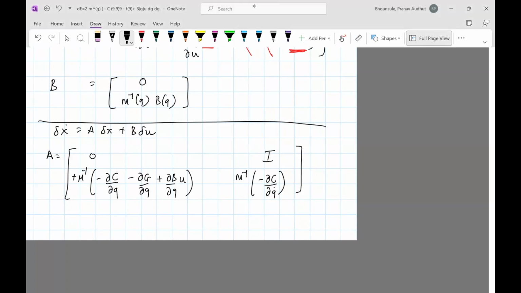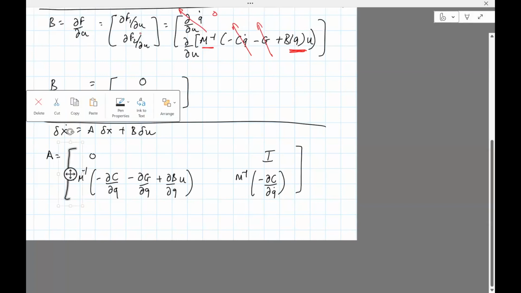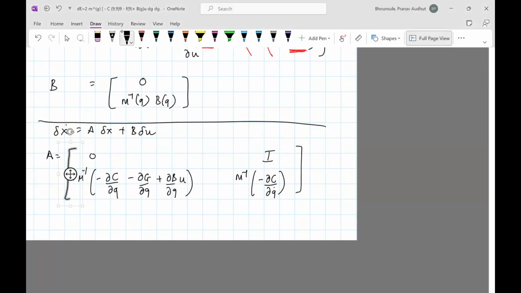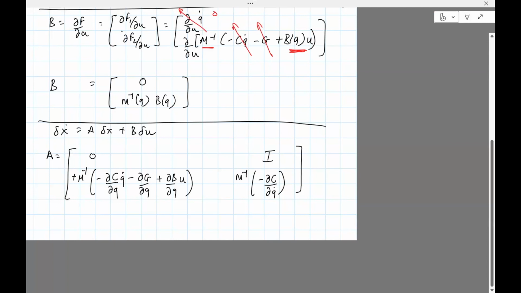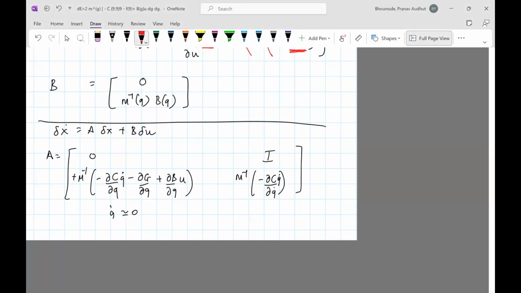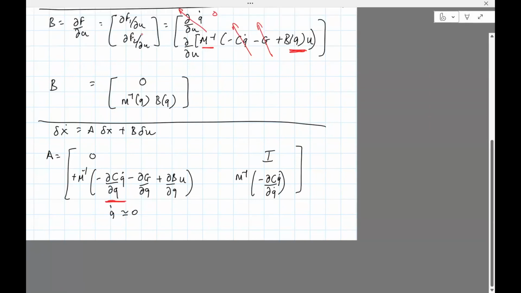Now, if you needed, you could also make a further simplification. Remember, you should put a q dot here. If q dot is 0, that is, if not only is the acceleration 0, but the velocity is 0, then you can simplify this. You can just cancel this off. If this term goes off, then this term will also be equal to 0, and so you'll end up with a much simplified term, but only if q dot is 0.